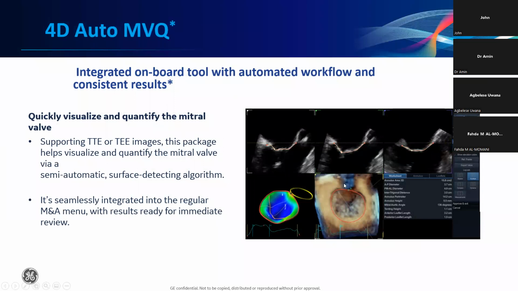Mitral valve quantification, again, assessment for each of the leaflets, anterior, posterior, all the diameters, all the areas, the tenting height, even the angle, for example, between the mitral annulus and the aortic ring or annulus.